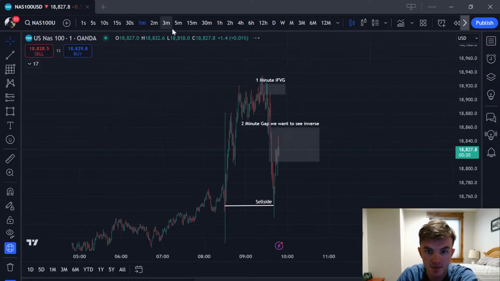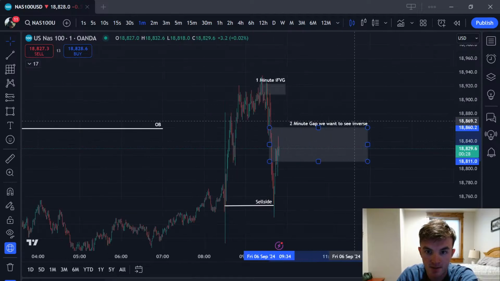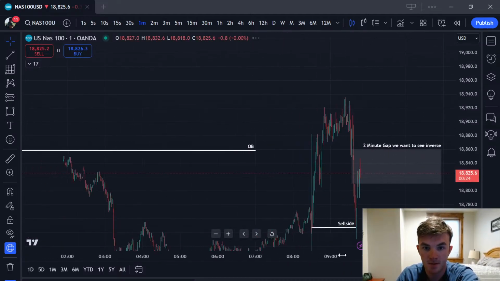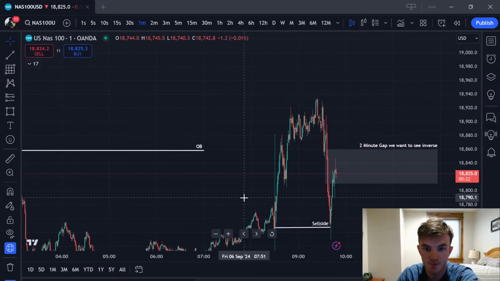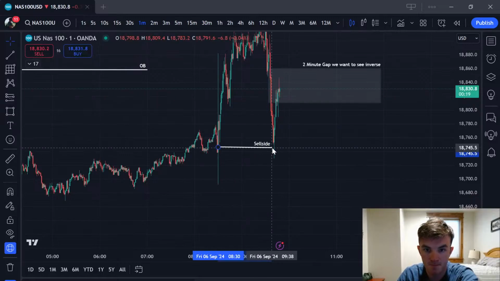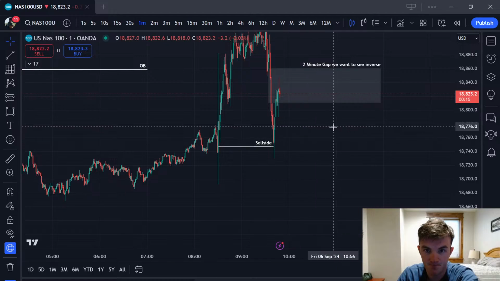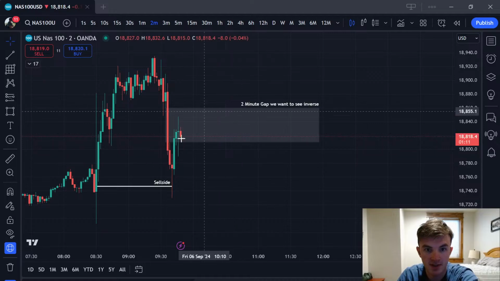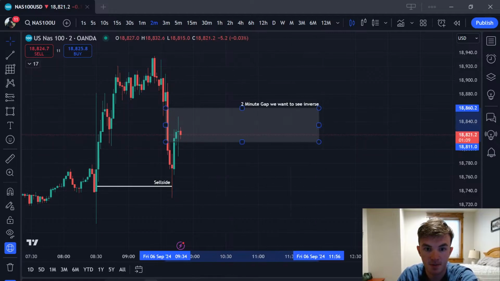Now, 2-minute gap. Let's get rid of this. So we want to see this 2-minute gap inverse.